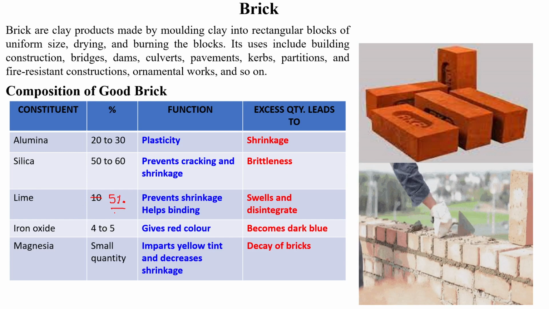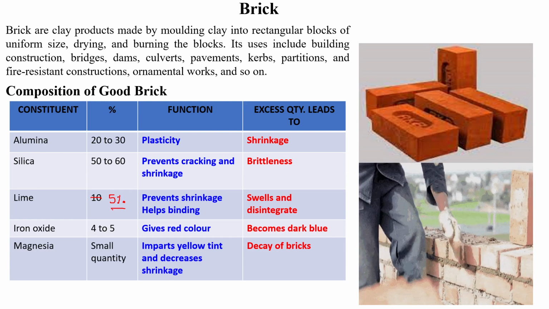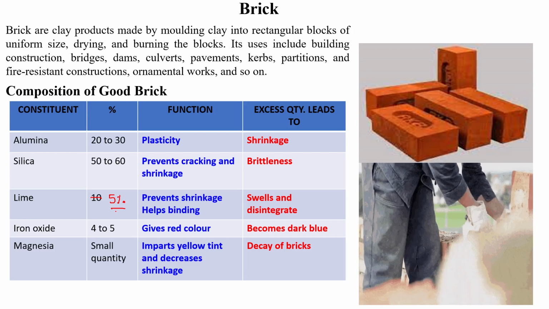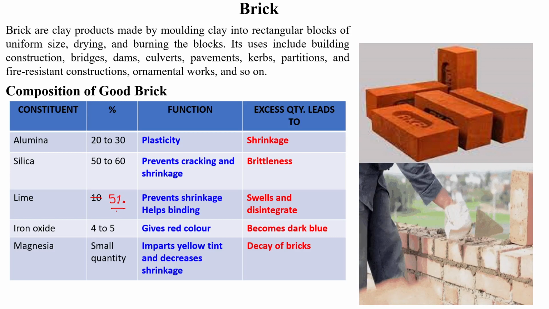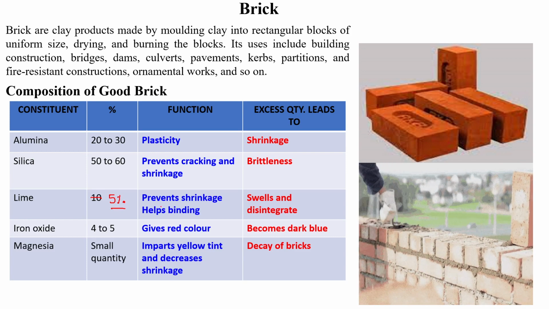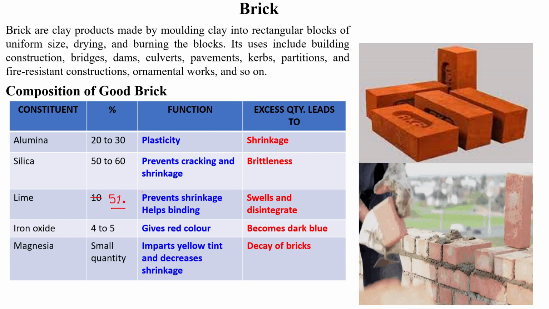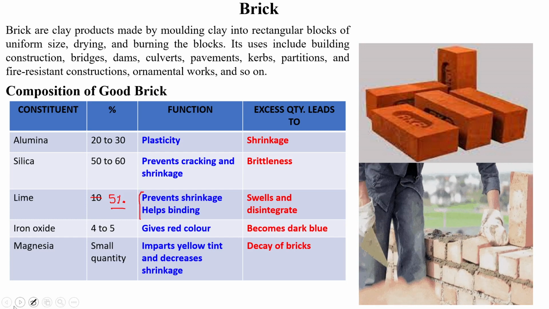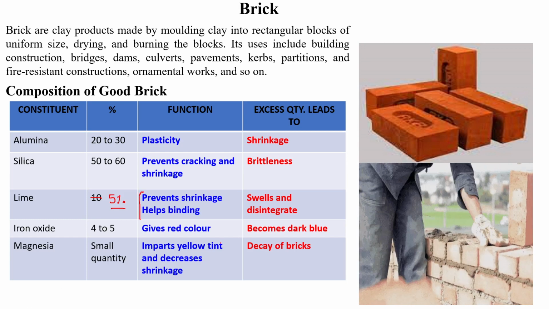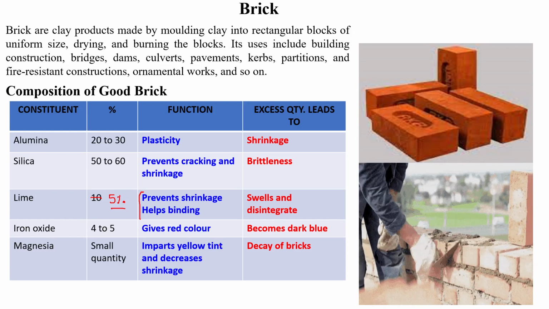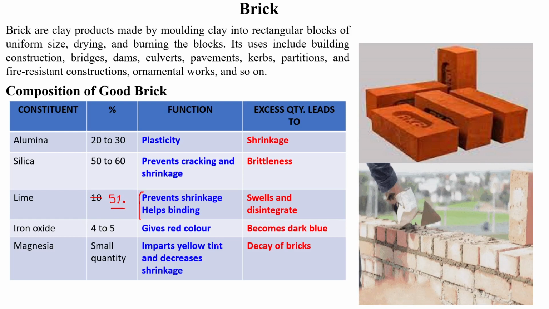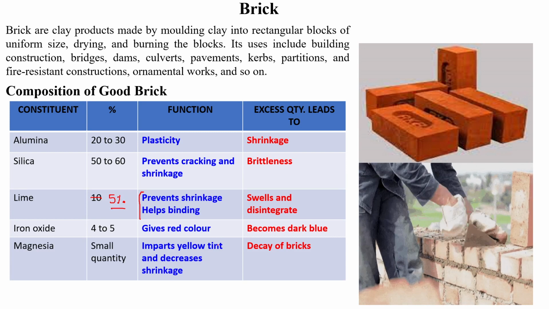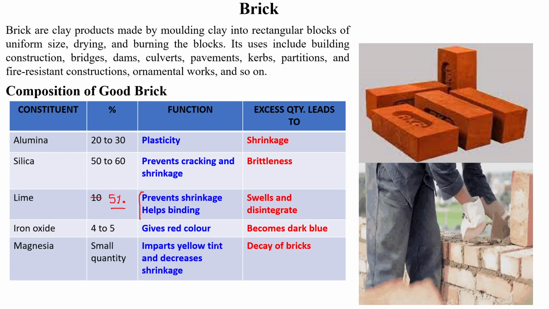In fact, it should be present in finely powdered form because it might absorb water from the atmosphere. It prevents the shrinkage and helps in binding. This is the function of lime. If the lime is present in excess quantity, it will swell and the brick might disintegrate.